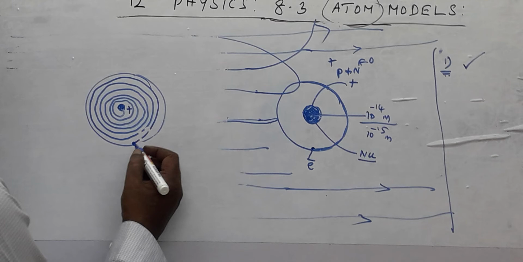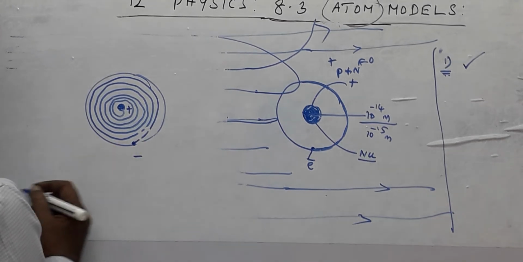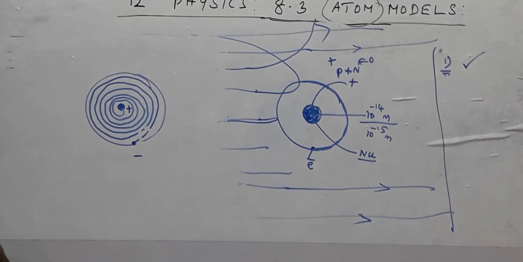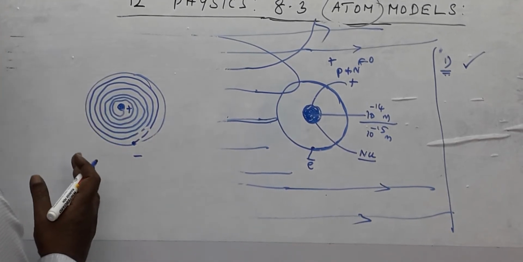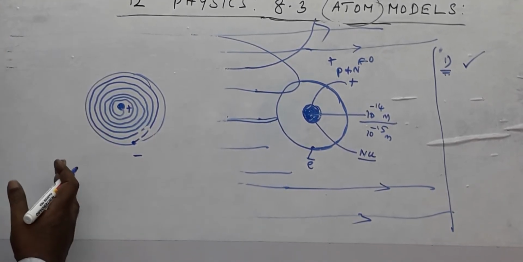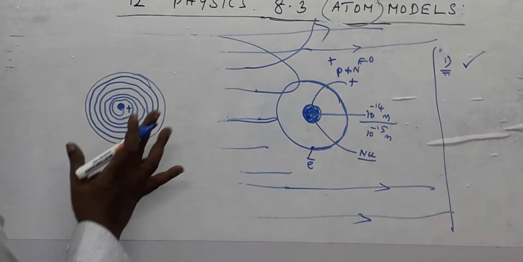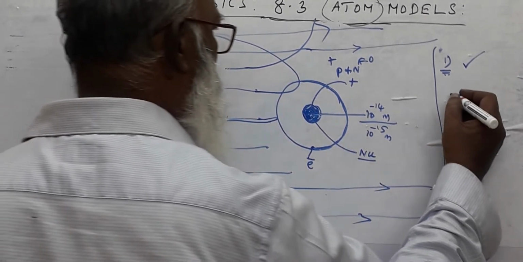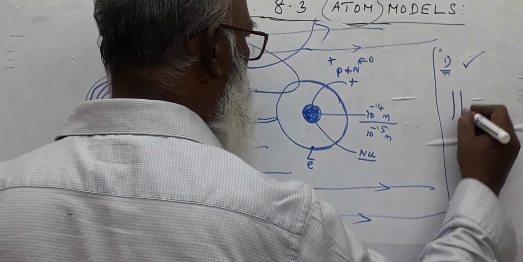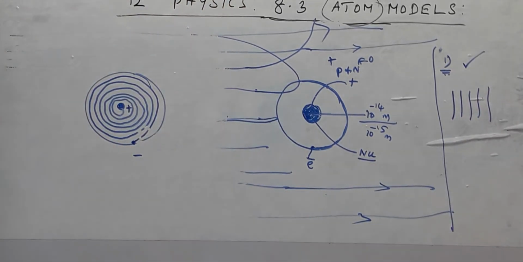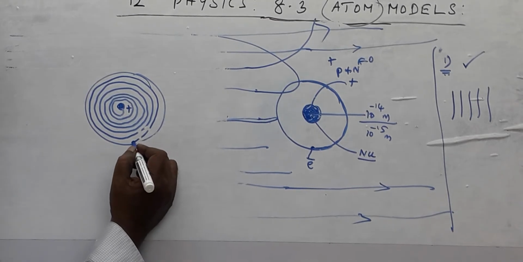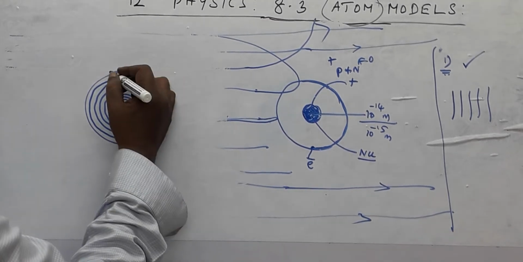Okay, the second point. If you take a photograph of an atom, there may be line spectra for an atom. Here the electrons are continuously emitting radiation.